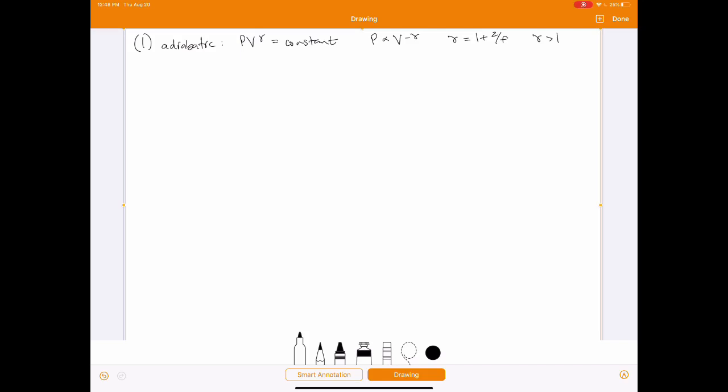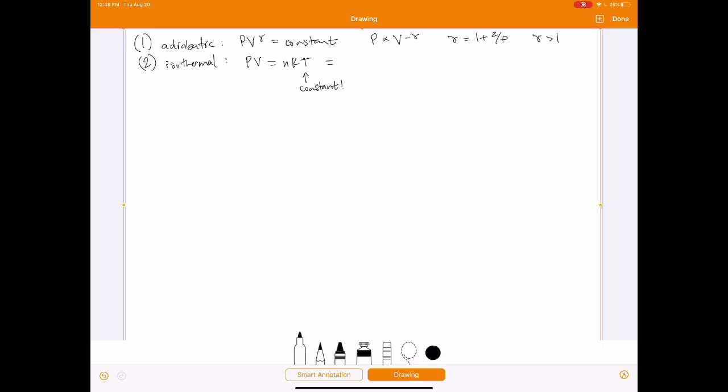That's adiabatic. For isothermal, we have PV, let's just write the ideal gas law. PV equals nRT. Isothermal means constant temperature. That's the meaning of isothermal. And the number of gas molecules and R are both constants too.